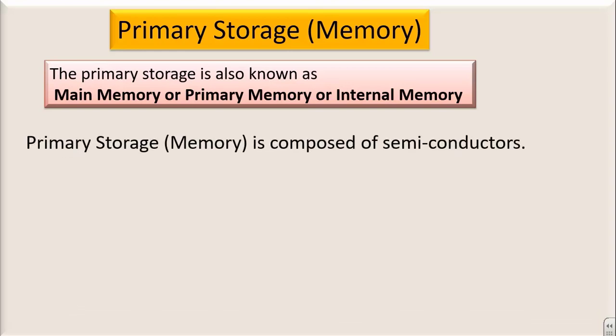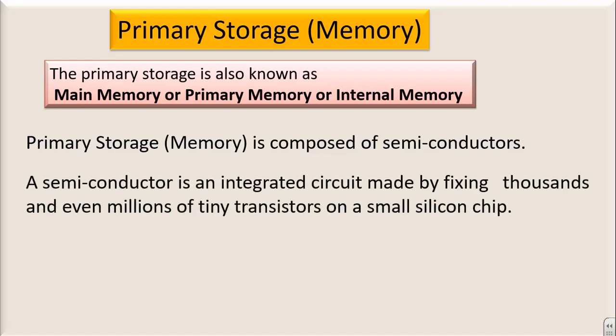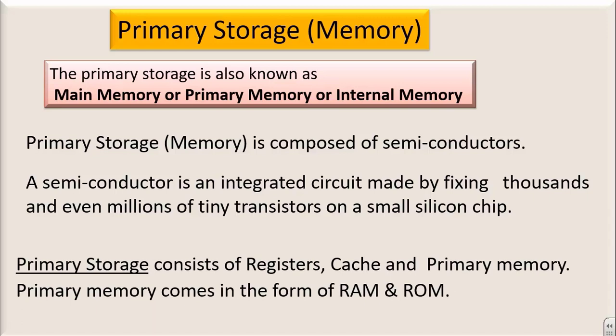Primary storage is composed of semiconductors. A semiconductor is an integrated circuit made by fixing thousands and even millions of tiny transistors on a small silicon chip. Primary storage consists of registers, cache and primary memory. Primary memory comes in the form of RAM and ROM.